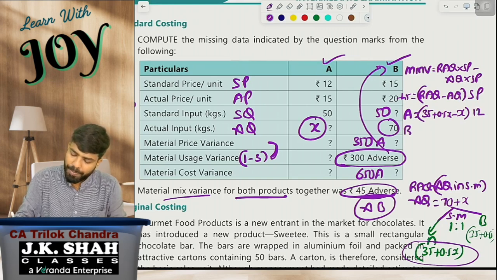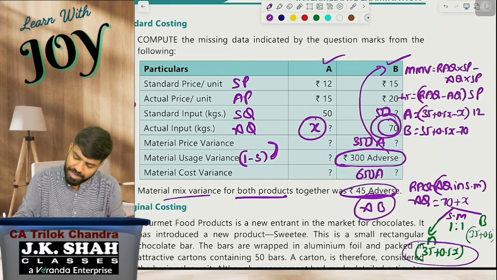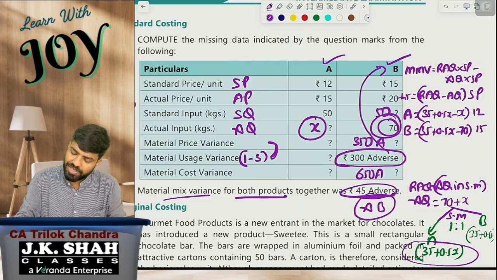This is about A. B equals 35 plus 0.5x minus 70. Actual quantity is 70. Let me take 70 into standard price, 15. Let us solve this.